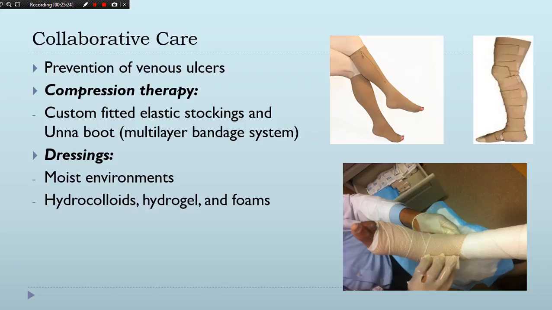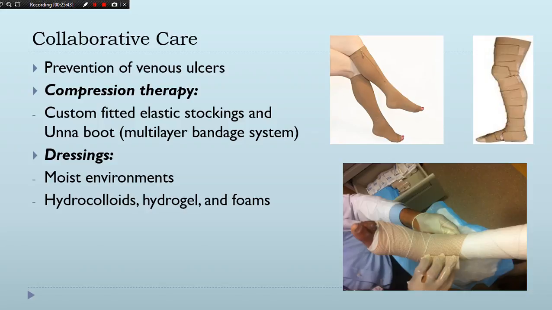Some of the dressings that we might use in somebody who has a venous ulcer with venous insufficiency: we're going to want to maintain a moist environment. Usually with these patients, because they have such edema and open ulcers, they have high exudate. They usually have a lot of draining from their ulcers.